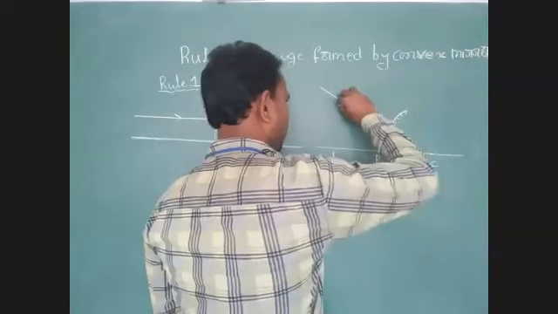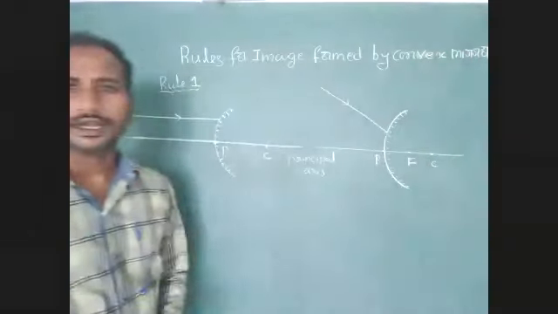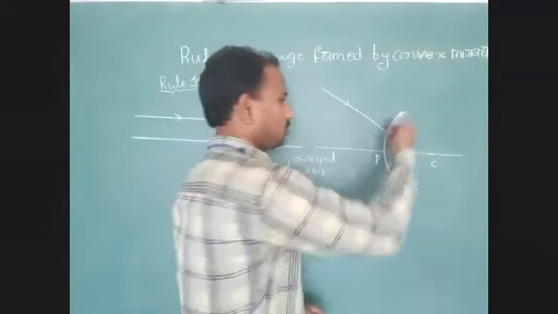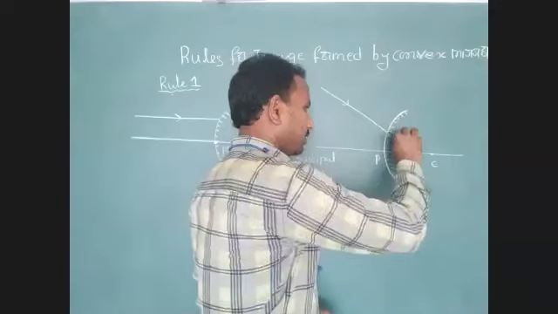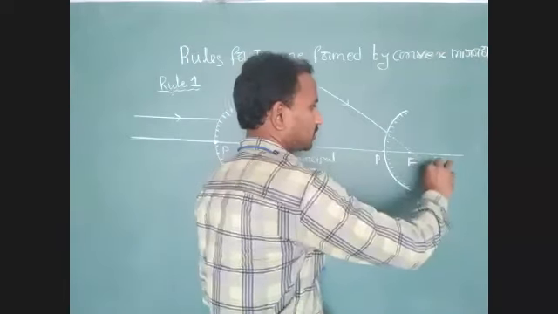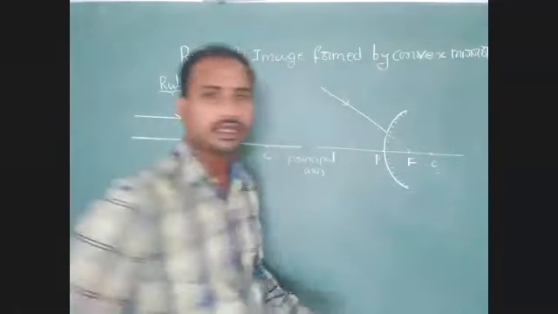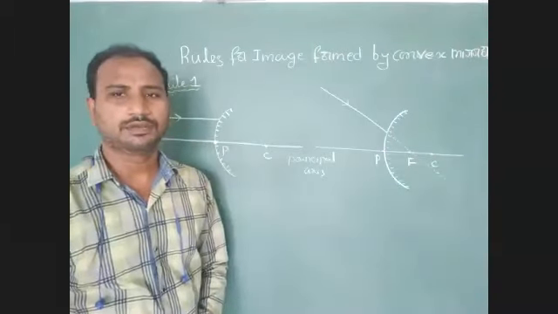Now it is the incident ray. If there is no curved surface, then that incident ray is passing through the principal focus.